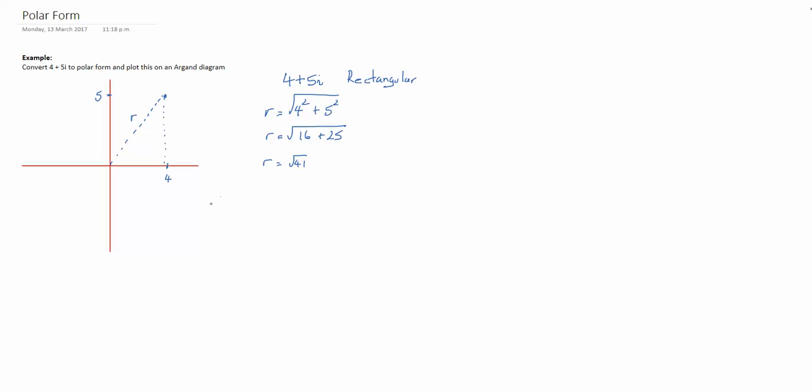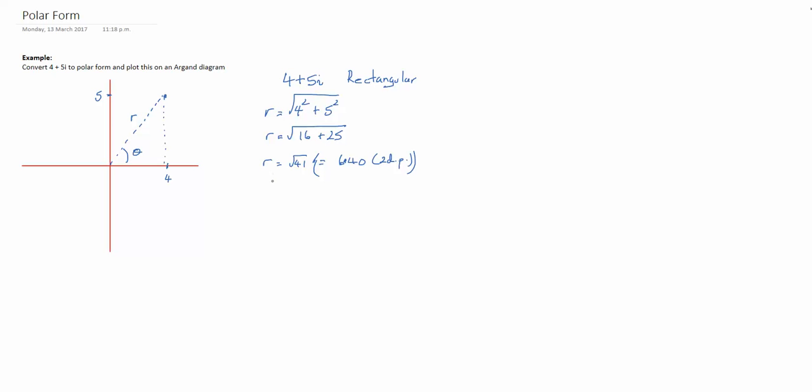Because we're going to need to plot that at some stage, let's see what that distance is as an approximate decimal. That's around about 6.40 to 2 dp. It's better to leave it in this exact form, but I just wanted an approximate idea of that distance there.